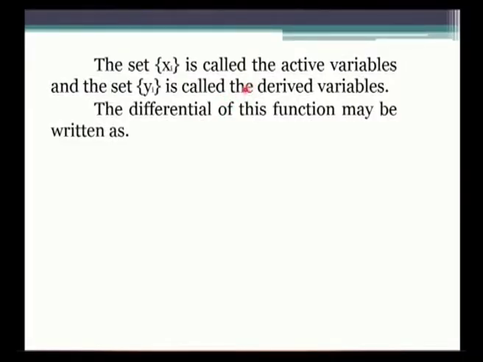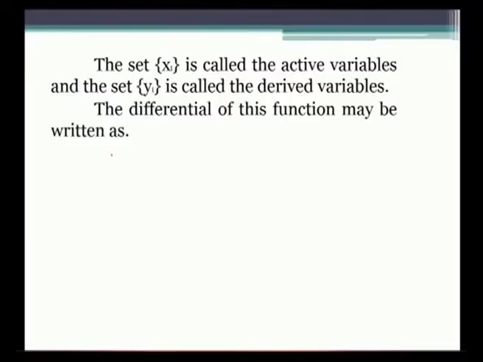Then the set x_i is called the active variables and the set y_i is called the derived variables. We know the difference between active variables and derived variables. Active variable: displacement; derived variable: velocity. So, this is a basic example for active variable and derived variable.